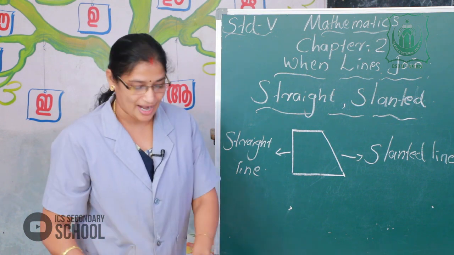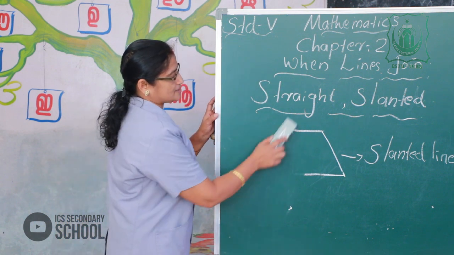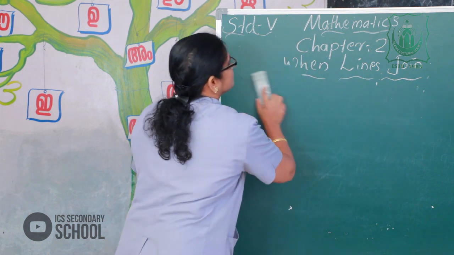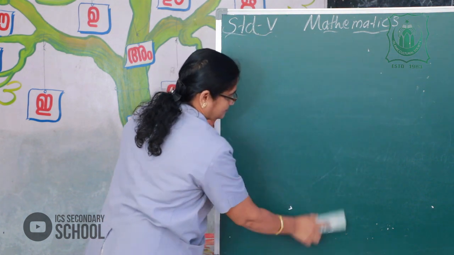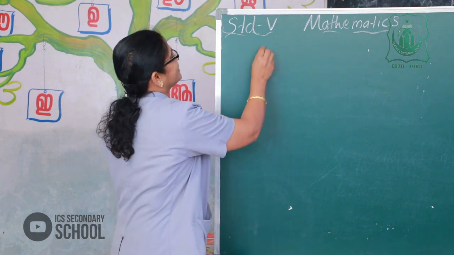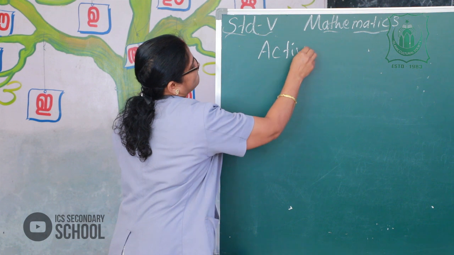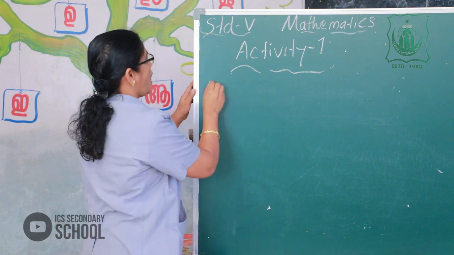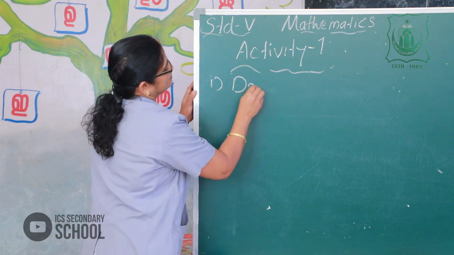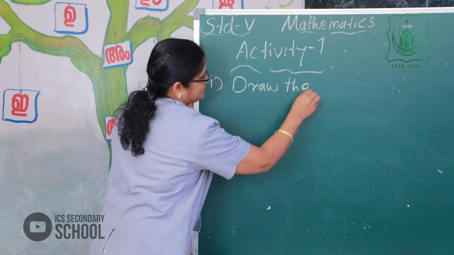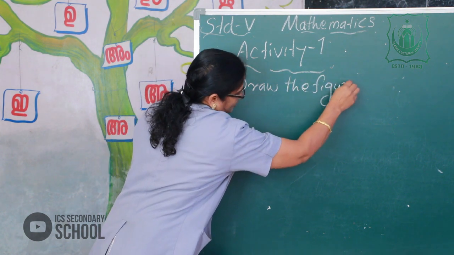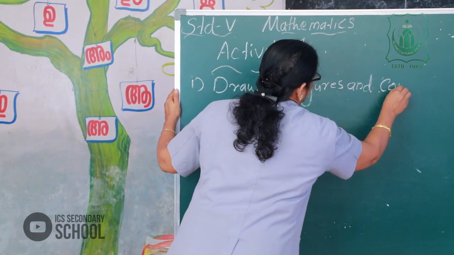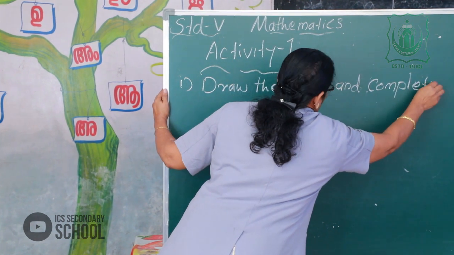Next activity. Write down in your notebook. Activity first. Draw the figures and complete the table.